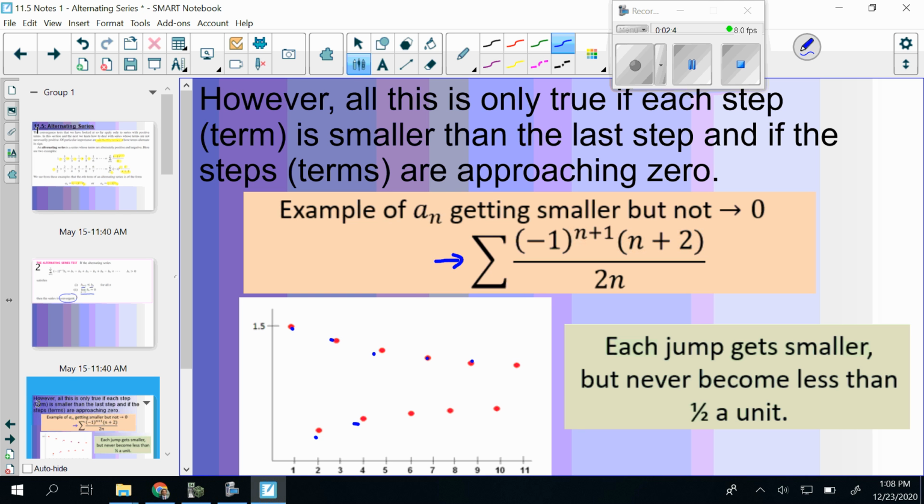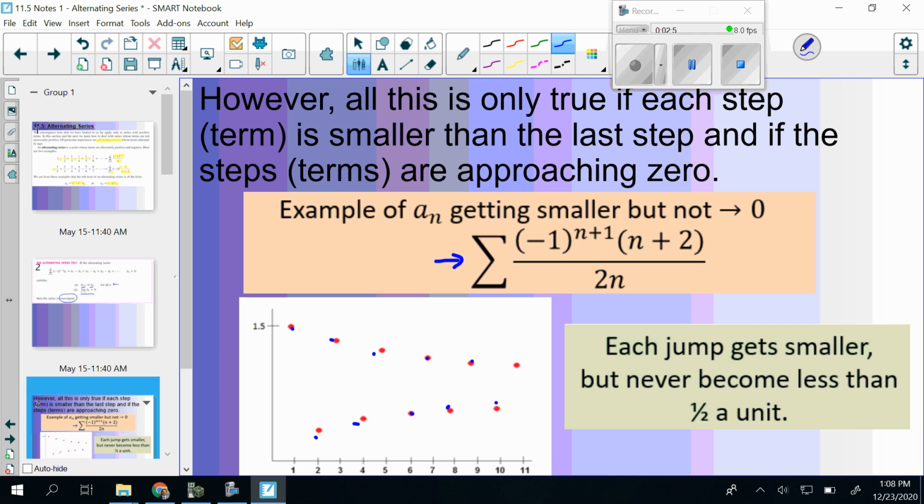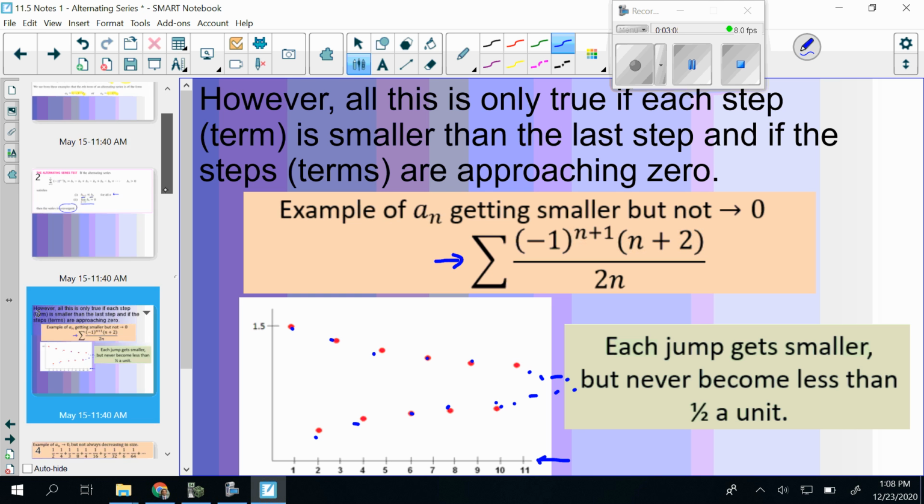Same thing here, each one's smaller than the one before it. So if we go back to what we were looking at, this part's true, but is the limit going to 0? Well, you can see here, these dots are not approaching 0. 0 would be down here. They're approaching some other positive value. So this one you could not use the alternating series test on.